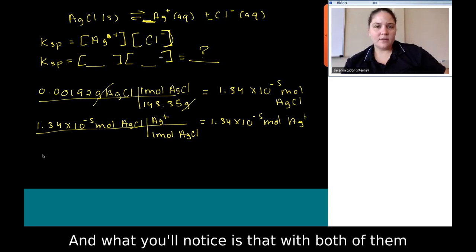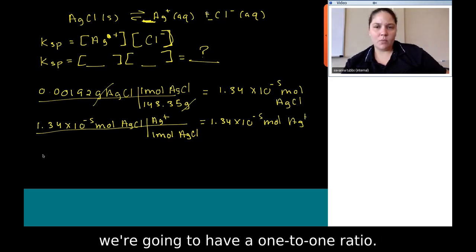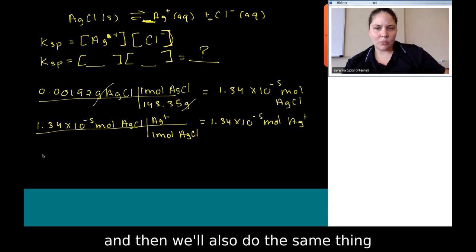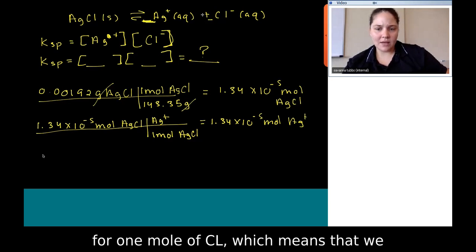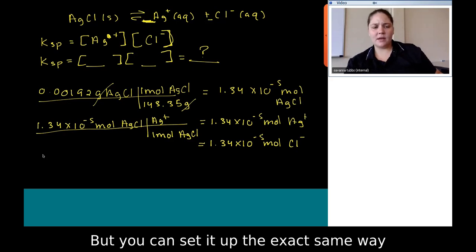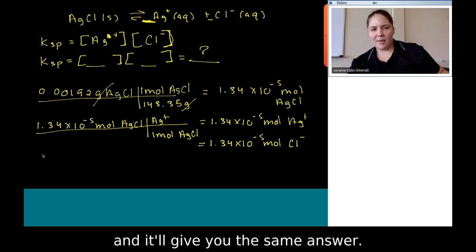And what you'll notice is that with both of them, we're going to have a 1-to-1 ratio. So it's going to be the same. So we'll have 1 mole of Ag here, and then we'll also do the same thing for 1 mole of Cl, which means that we have 1.34 times 10 to the negative 5 moles of Cl minus. You can set it up the exact same way and it'll give you the same answer.